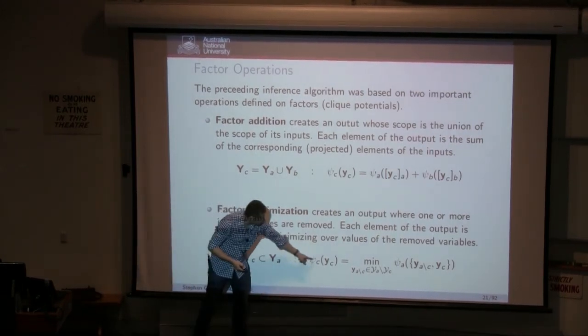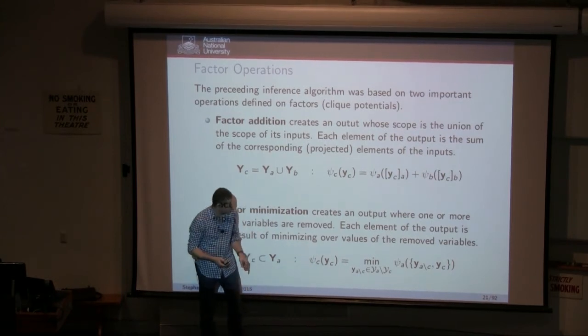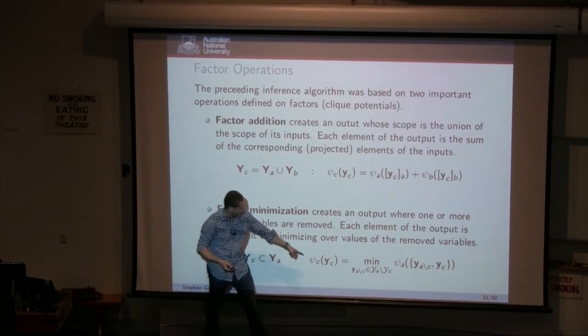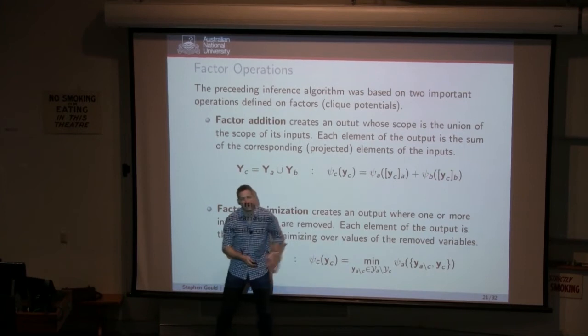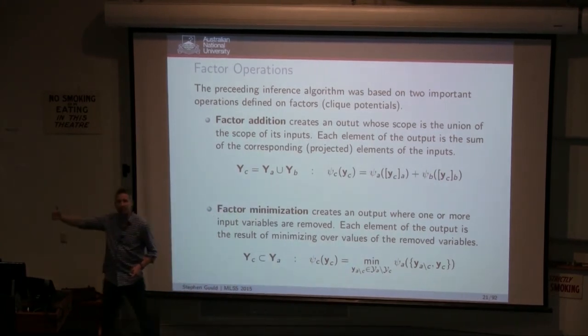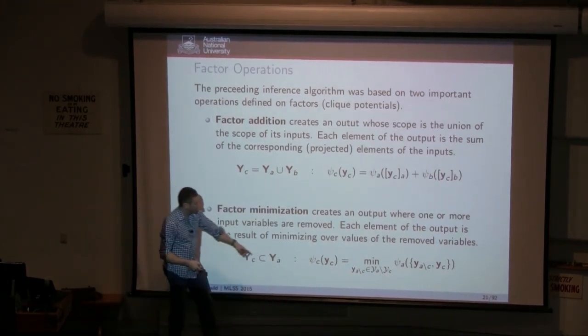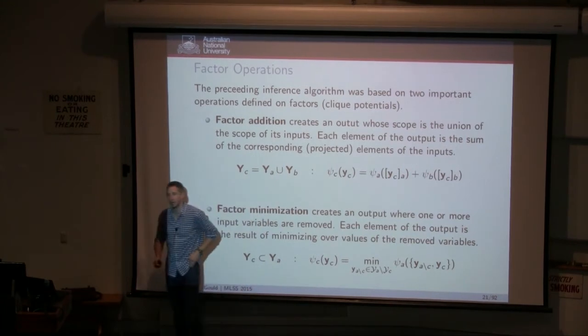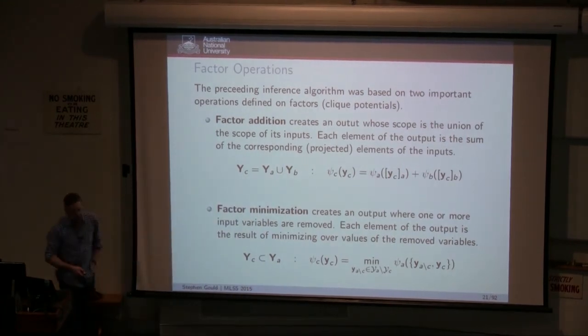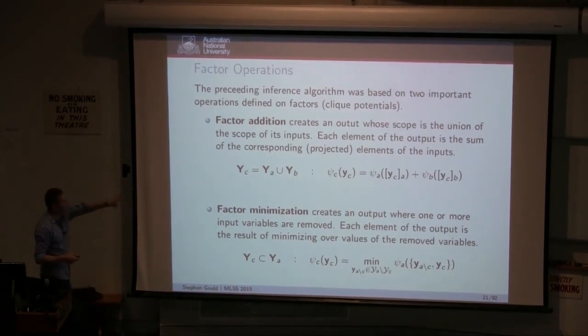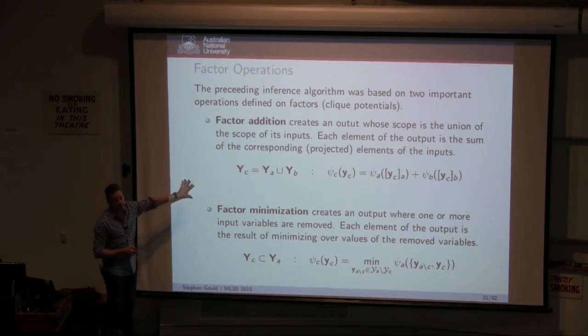I define the value of the factor for each particular labeling as the minimization over all of the variables that I'm removing, fixing the other variables to that particular assignment. And if you can do these factor operations quickly, you can run a lot of these message passing algorithms. Almost all message passing algorithms are based on these types of factor operations.